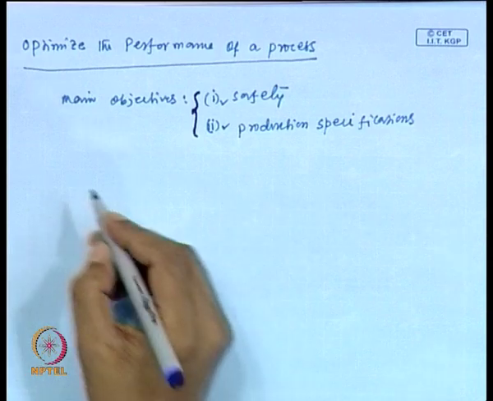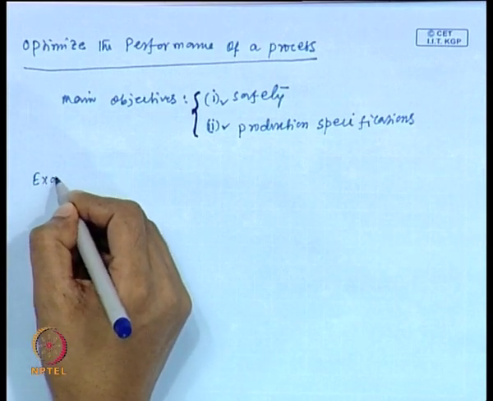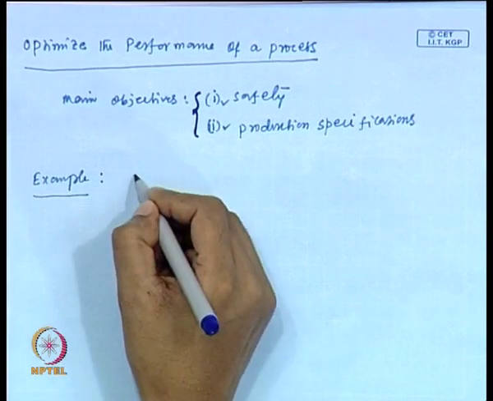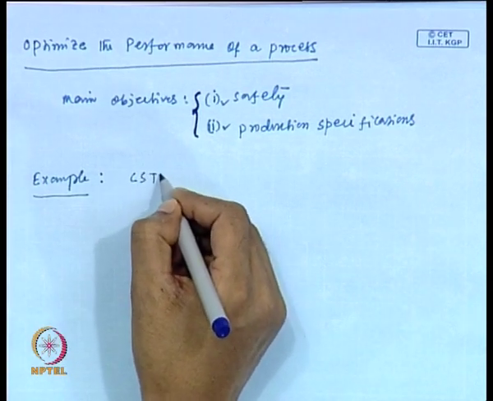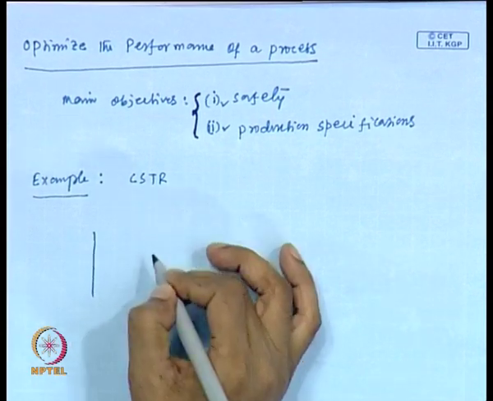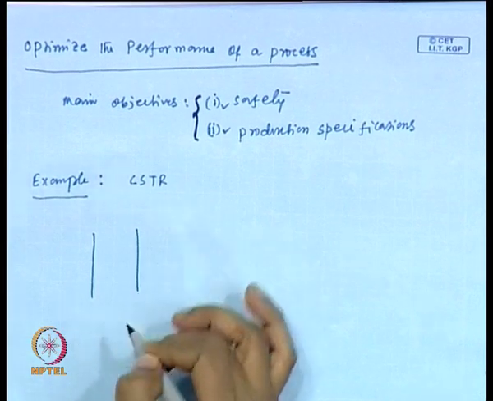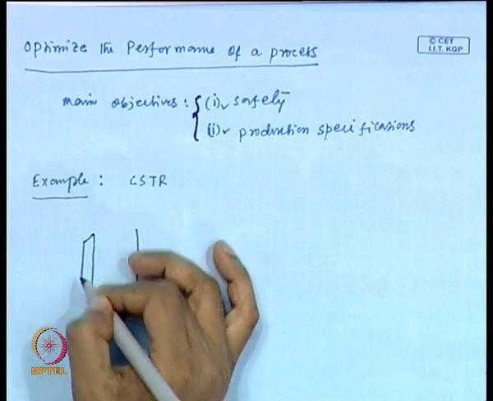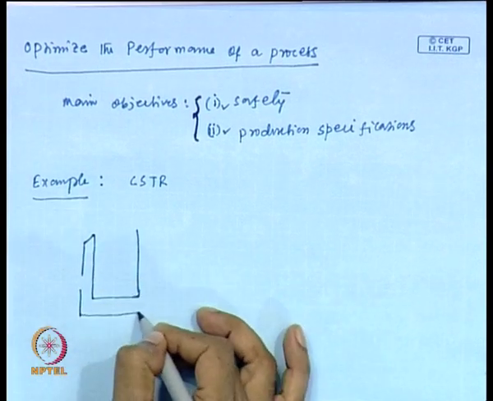Now, in that direction we will consider one example, that is a continuous stirred tank reactor. Suppose this is a jacketed reactor.